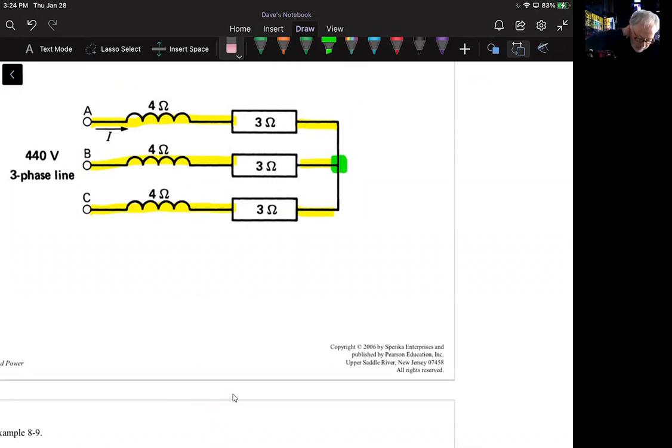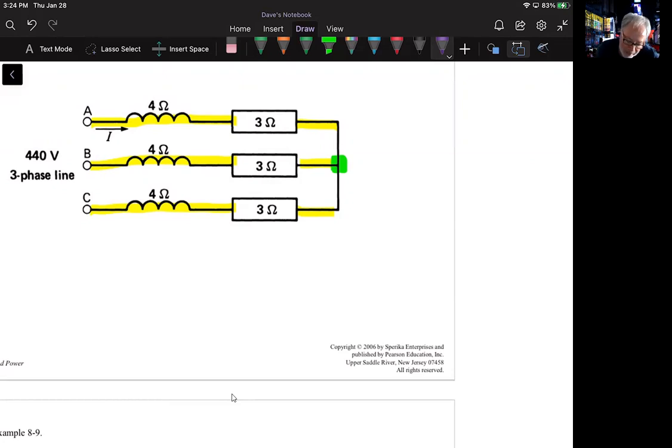Okay, so find the current in each line is part A, and find the voltage across each inductor is part B. Now, a little bit different this time. We need to find the total impedance of each branch.